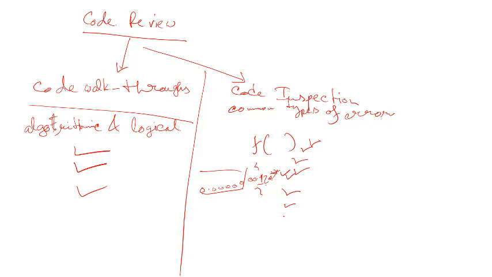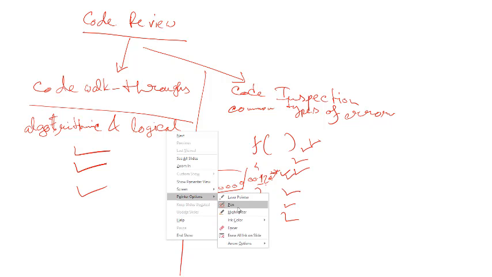So that is another type of error. Mismatch between actual and formal parameters in procedure calls: when you are calling a procedure or function, this type of mismatch can also happen, where the formal parameters and the actual parameters do not match in their types. So these types of errors are found in the code inspection.